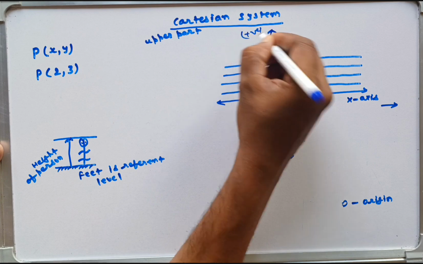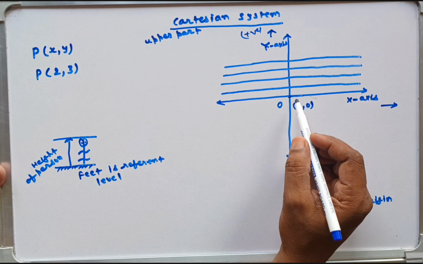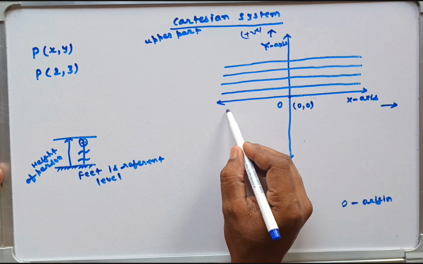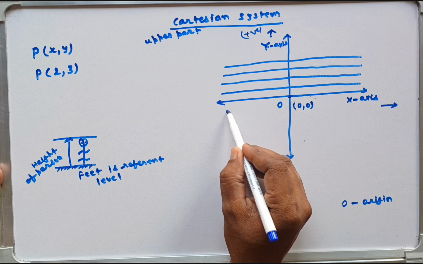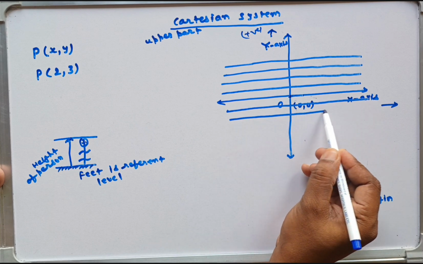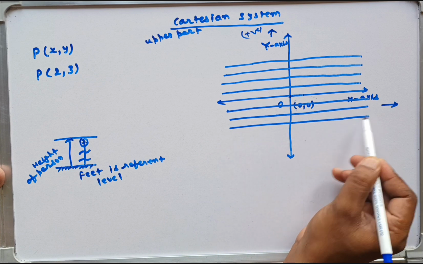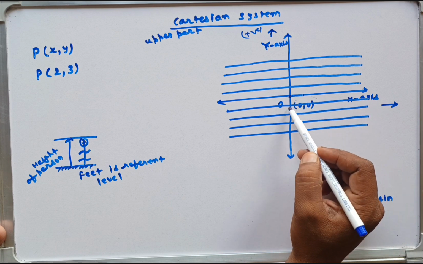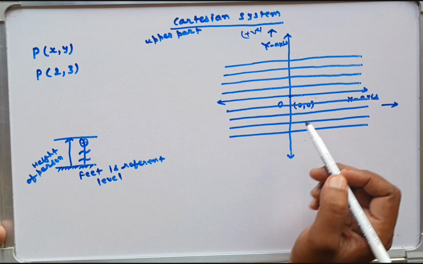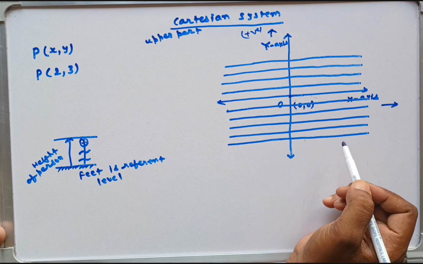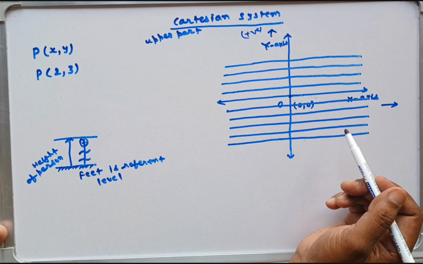So guys, when you move down the horizontal lines, or all horizontal lines parallel to the x-axis like this, what you see is you are moving down below the x-axis, in the lower direction.